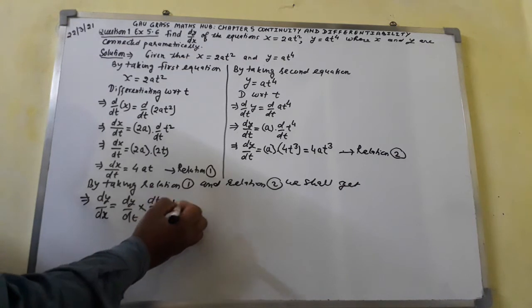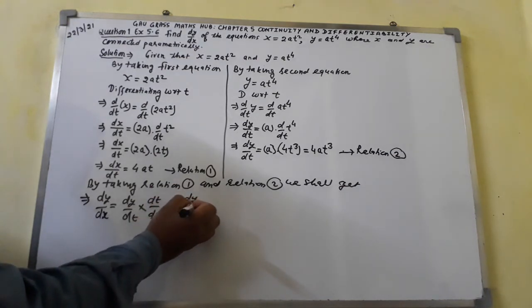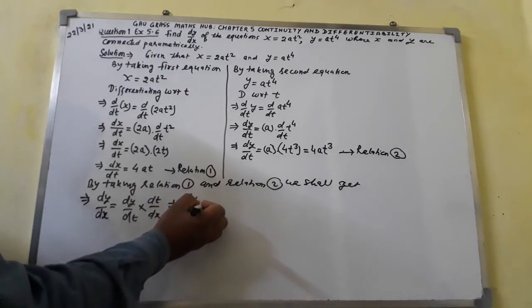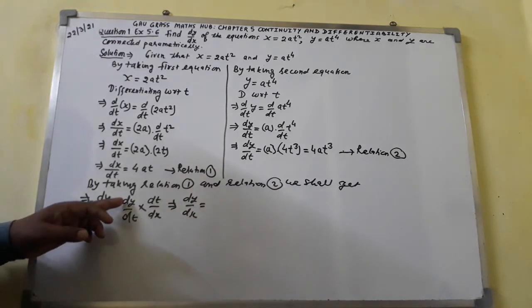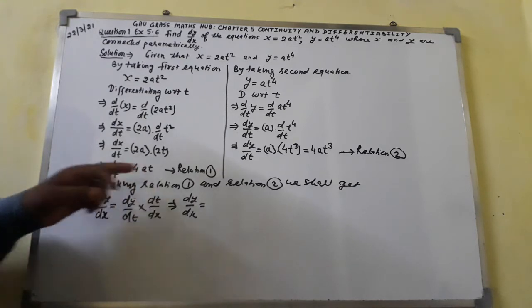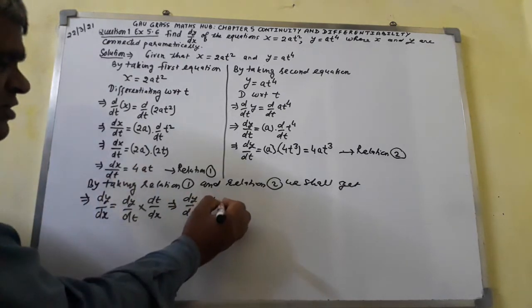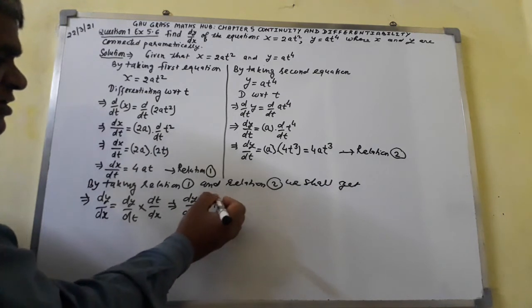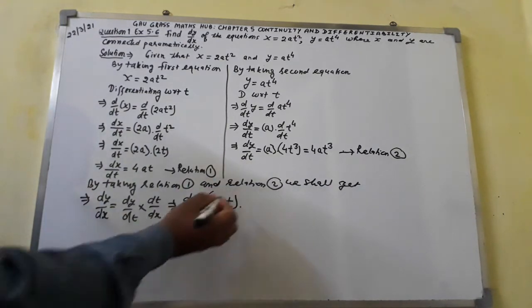So we shall get here dy over dx equal to, in place of dy over dt I shall write 4at raised to the power 3.